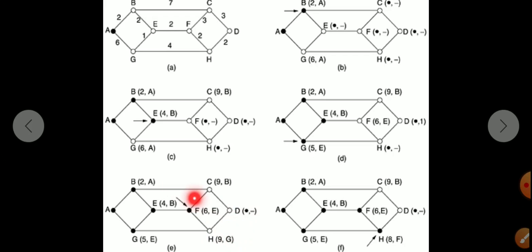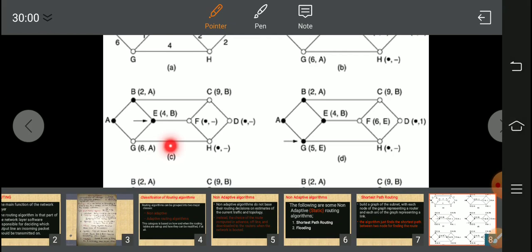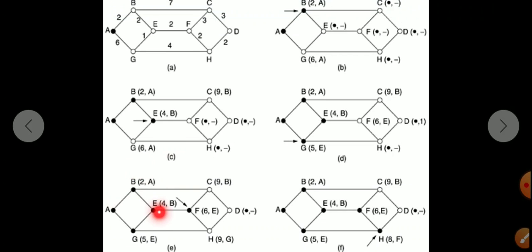Now when we are taking F as the initiated path, from A to H when the F link was activated: A to B 2, B to E 2, 2 plus 2 is 4, plus E to F 2 is 6, 6 plus F to H 2 is 8.